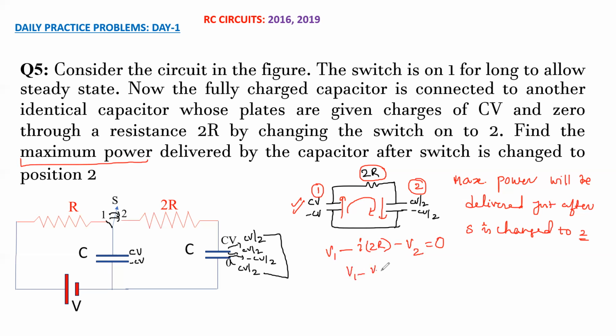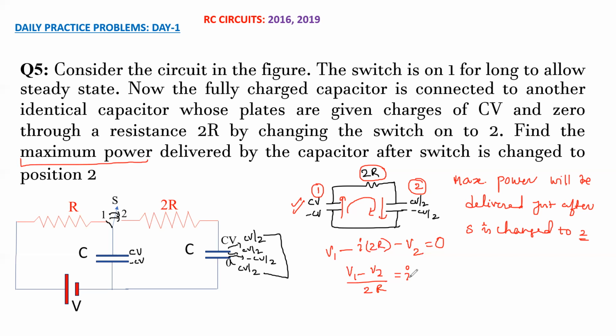So (V1 minus V2) by 2R will be your current. Initially, V1 is highest and V2 is lowest. With time, V1 will decrease, V2 will increase, and finally V1 minus V2 will become 0. So the current keeps on decreasing with time, and the voltage across the first one also keeps on decreasing with time. So they have their highest values initially, immediately after the switch is changed to 2.